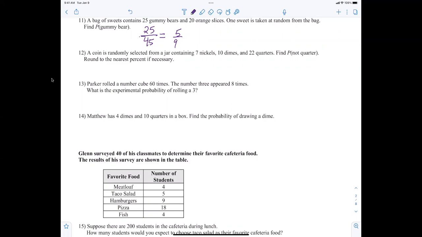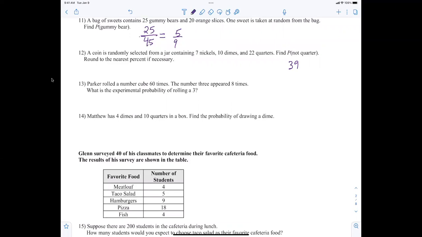Oh. Okay. Total is 39. Wow, that was quick. And then not quarters, yes. 10.